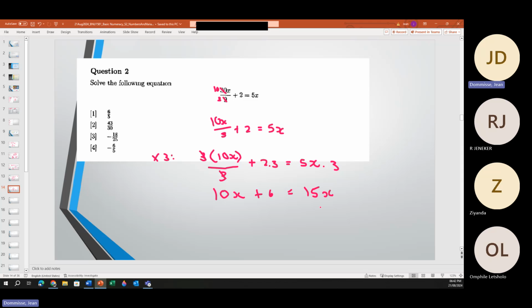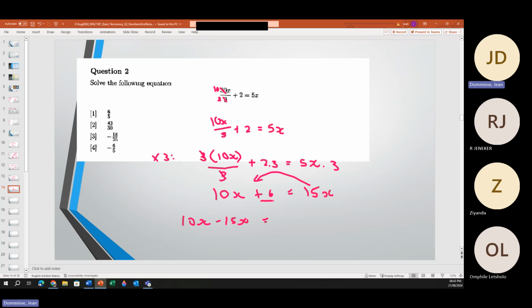So then, like the previous one, let's take all the x's to the left-hand side. So 10x minus 15x and all the numbers to the right-hand side.